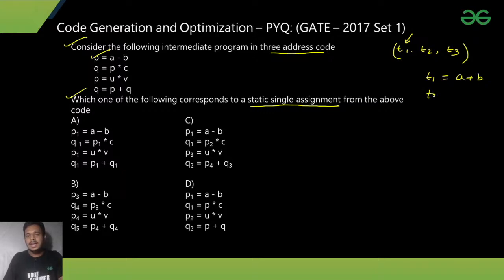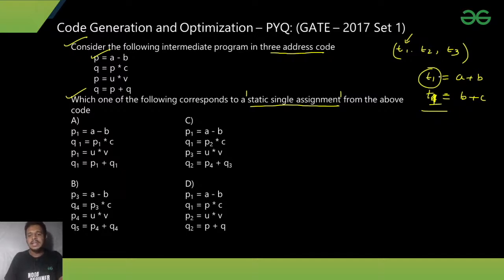Now again I cannot say t1 is equal to b plus c, because this t1 variable is assigned 2 times. That we cannot do because it is a static single assignment. Single assignment means we can assign a value to the variable only once.